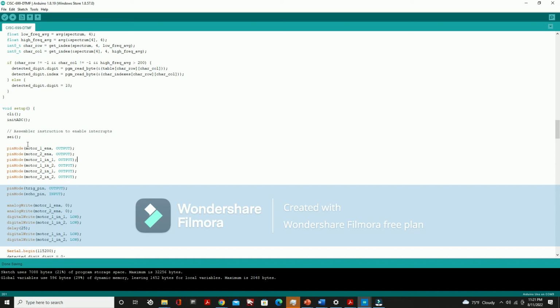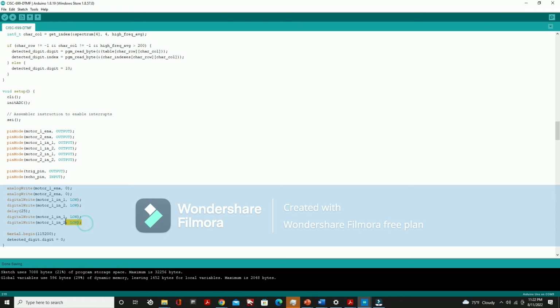Here we set the motor 1 enable pin, motor 2 enable pin, and the polarities of both the motors as output. And here we set the pins of the ultrasonic sensor. The trigger pin is set to output mode, and the echo pin is set to input mode.